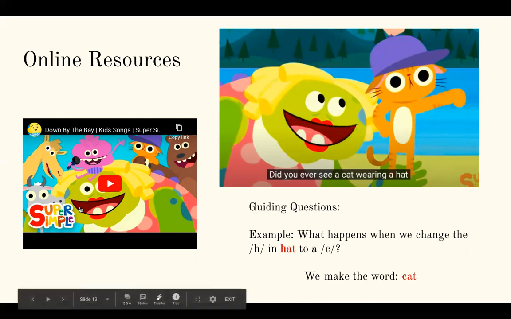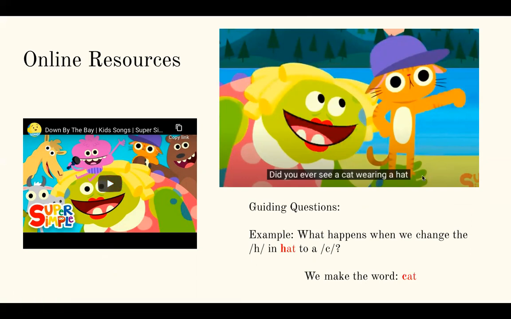So here we'll just play a little bit of Down by the Bay. And what I want to note is this screenshot from the video in which they say, "Did you ever see a cat wearing a hat?" And so you can share these videos with families and then also provide them with guiding questions to help target some of the skills you want students to master in their interaction with these resources, such as this video.